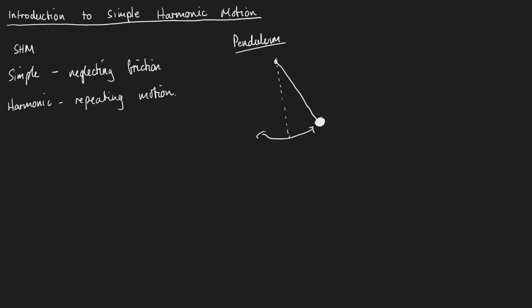Now we need to put a more strict definition on this, because how can we tell if something is undergoing simple harmonic motion? We need a small rule that just allows us to differentiate between circular motion and simple harmonic motion, or any other type of motion.